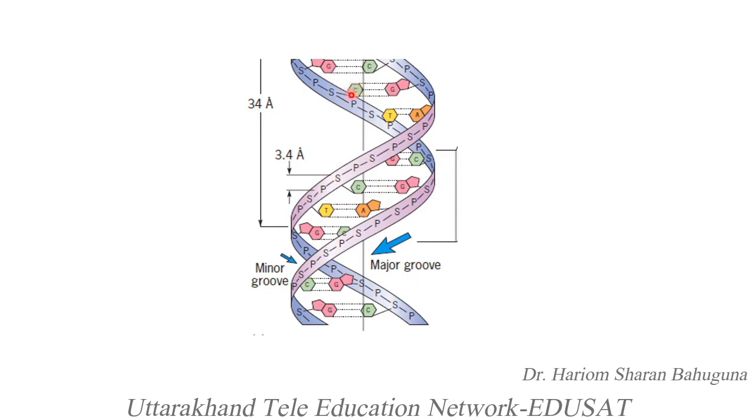And here we can see, if this is a cytosine, it pairs with guanine through these 3 hydrogen bonds, and if this is thymine, then it pairs with adenine through 2 hydrogen bonds.